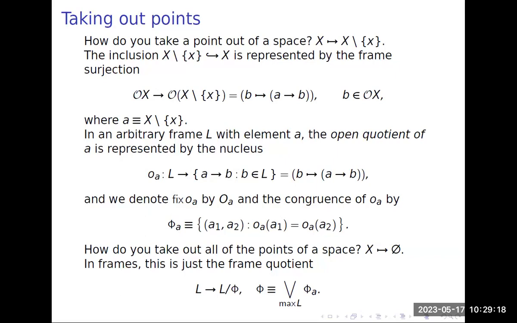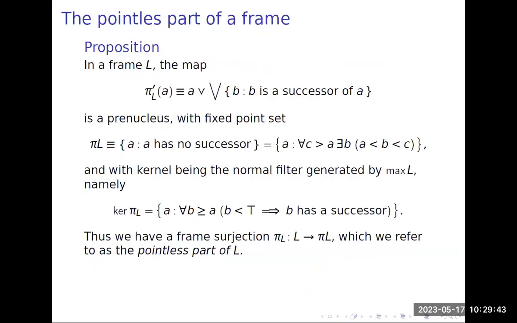So let's now step back and ask how we remove all of the points from a given frame. Well, the answer is now before us. We simply mod out the congruence which is the join of these open congruences. That seems to me to be unavoidably how one would go about this, and so we'll do it.